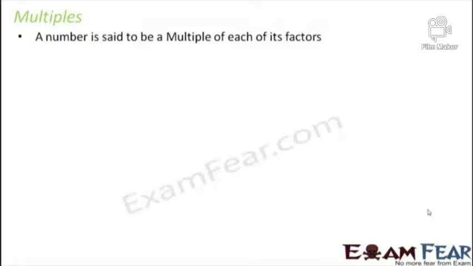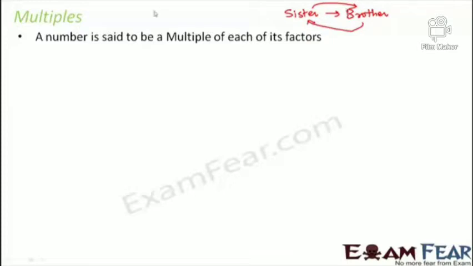Now, very interesting. Factors and multiples are very closely related. So it is something like this. Let's say that you have a sister. So what will you be to your sister? You will be your sister's brother and she will be a brother's sister. So how is the relation like?